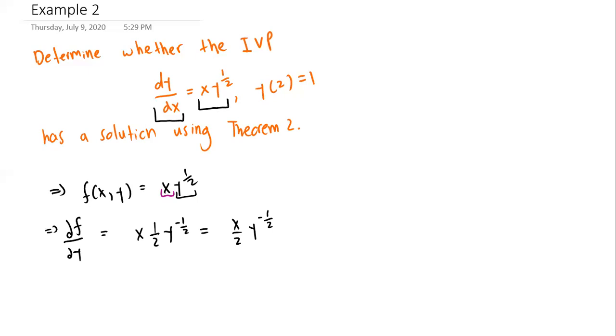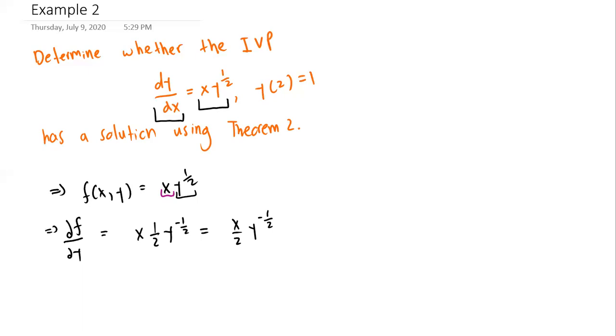Okay, so recapping. We wrote our differential equation in the right form. We solved for y prime by itself, and whatever's on the other side is f of x, y. We also have to find the partial derivative of f with respect to y. Now what do we need?